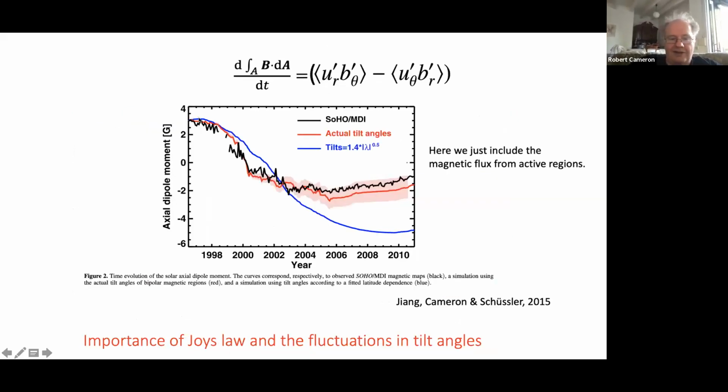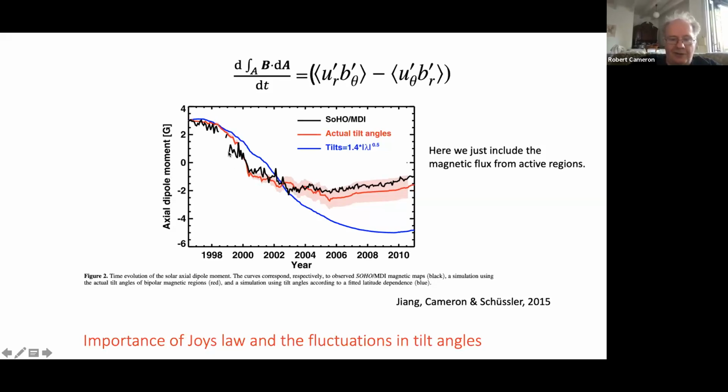If we include the actual observed tilt angles, then the flux in the northern hemisphere closely matches what you get from the model, just evaluating this integral essentially. And if you don't include the actual observed tilt angles, but you just include a parameterized form of Joy's law, then you get a very wrong answer.